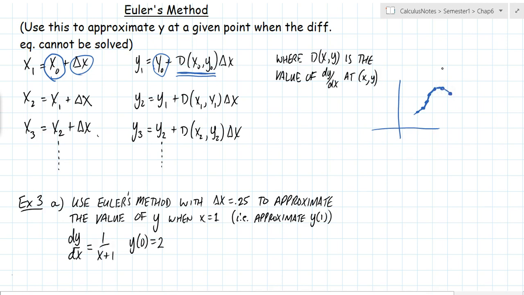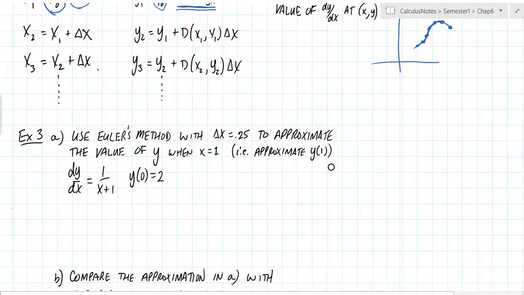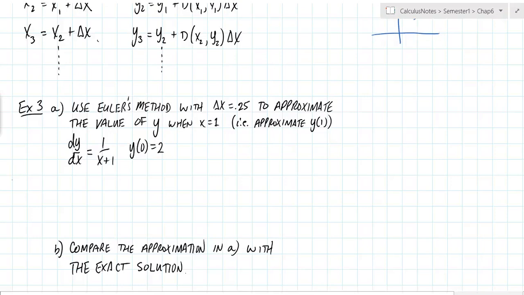So we're calculating where the points of the graph should be based on what the slope is at the previous point. I know that might be a little bit confusing right now. If we go through an example together, I think it'll make a little bit more sense.